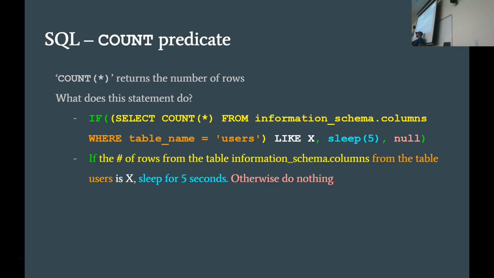And it turns out the number of rows is the number of columns in that table, because you've asked for the columns that fit that table. And then you sleep 5 seconds. So this is another way you can figure out how many columns exist on a particular table you're interested in. So other questions about that predicate, in case you come across it?